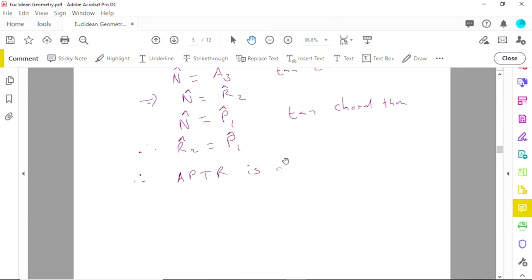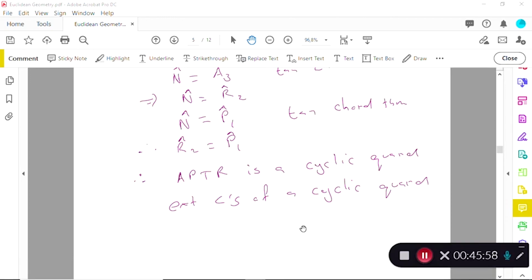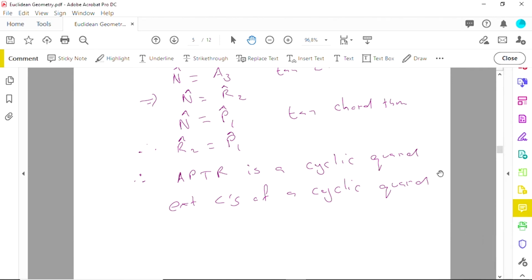Reason: exterior angles of a cyclic quad.